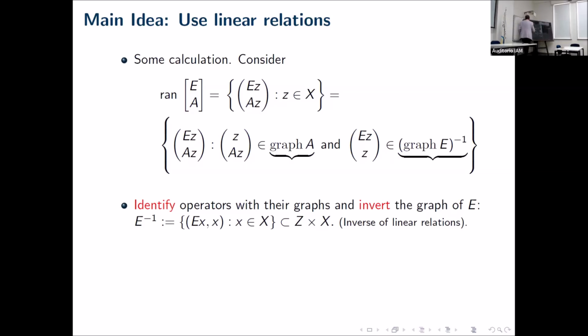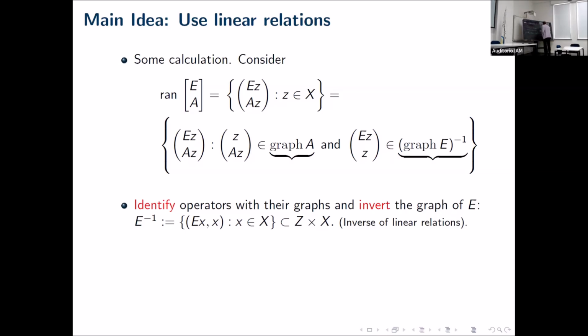Now comes, how does A inverse look? Again, I'm cheating here, because this is an abuse of notation, since it is the graph of the inverse. What happens? Well, we switch elements. So T inverse is what?